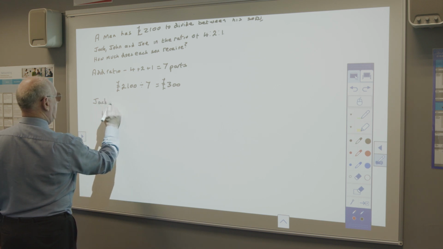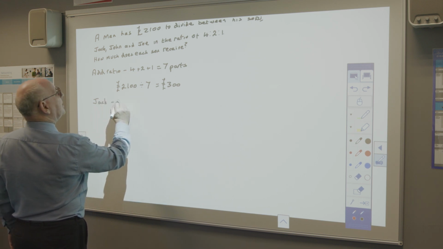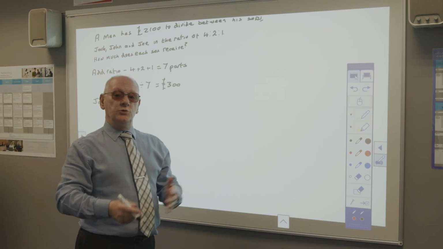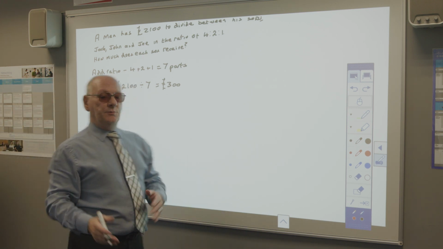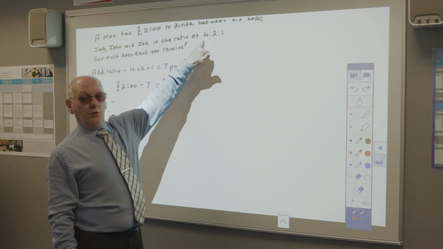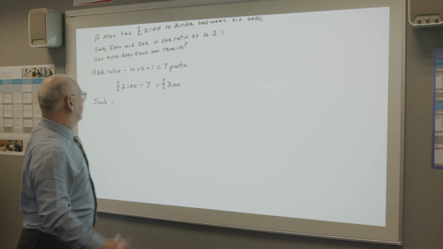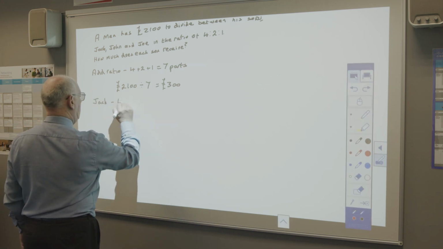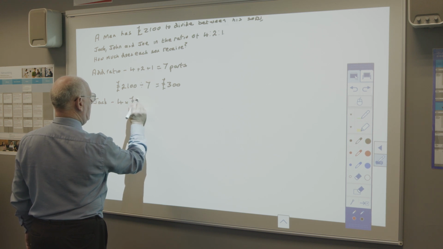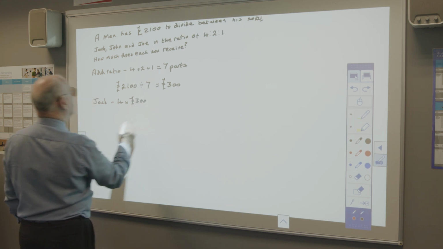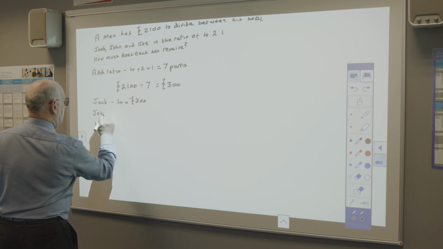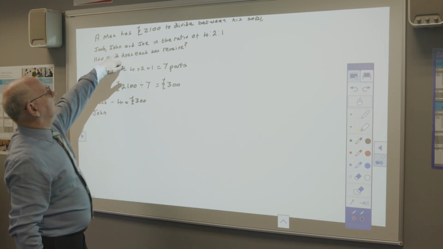Jack gets. Remember what I said about the wording being important, or the order of the wording being important? Jack comes first. 4 comes first. So Jack gets the 4 parts. John comes second in the list.